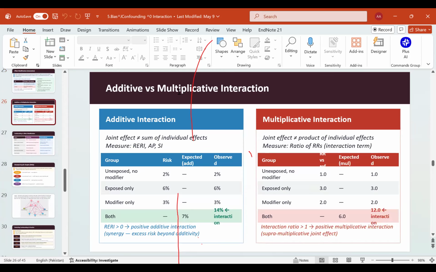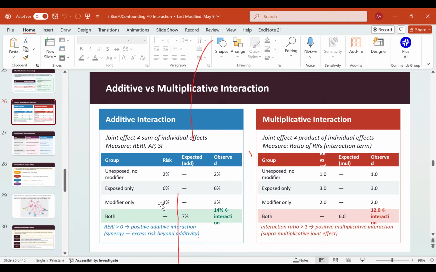Additive versus multiplicative interaction. Additive interaction is when the joint effect is not equal to the sum of individual effects. It is measured through RERI. For example, in the group with no exposure and no modifier, the risk is 2%, and observed is also 2%. In exposed only, the risk is 6%, and observed is 6% also.